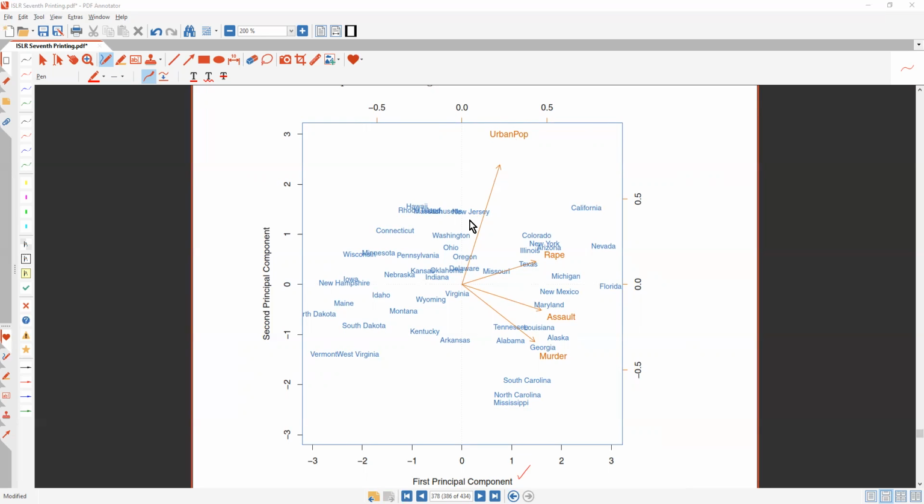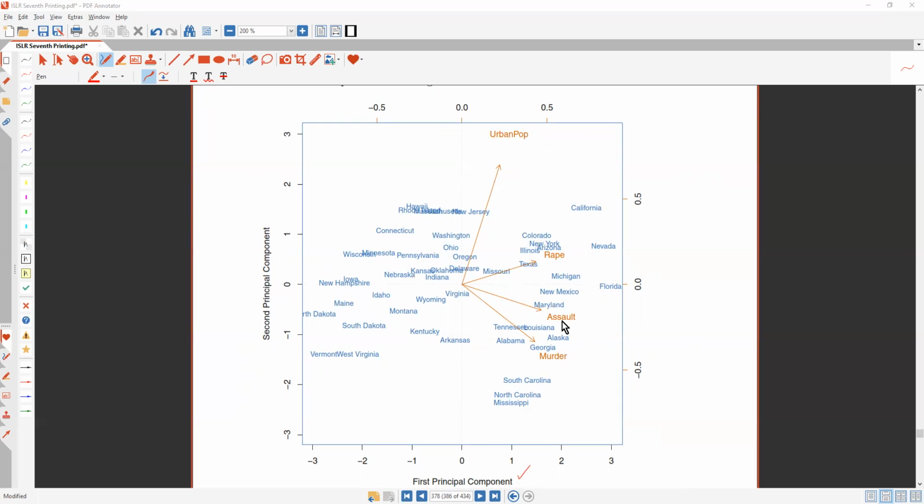If you spin the plot around so that you have the second component, it's easier to visualize if you rotate this plot over so that the second component is over here. Then you're going to see that it's the urban pop that's dominating in terms of the size of the loading.